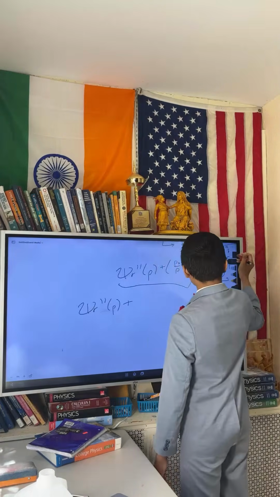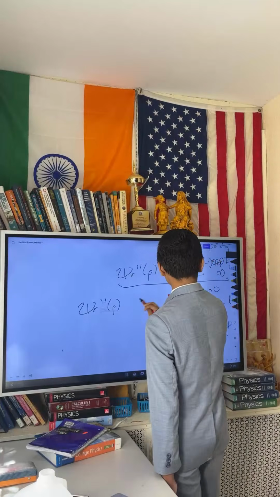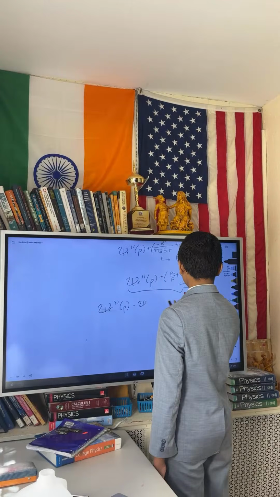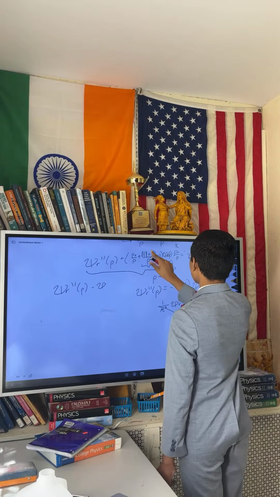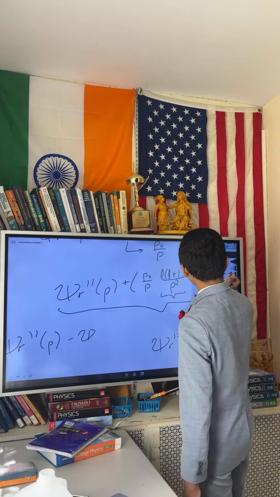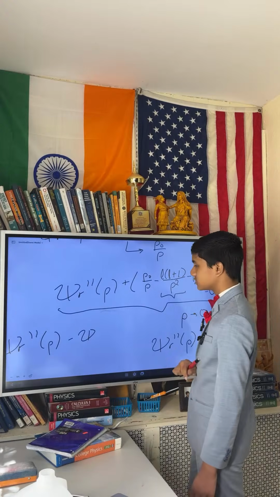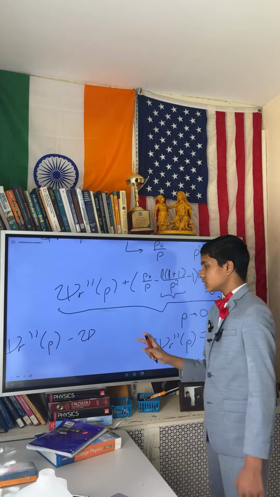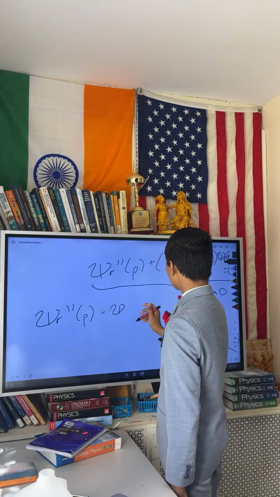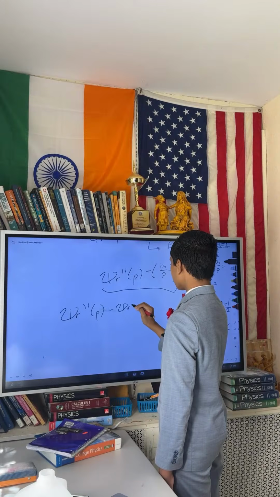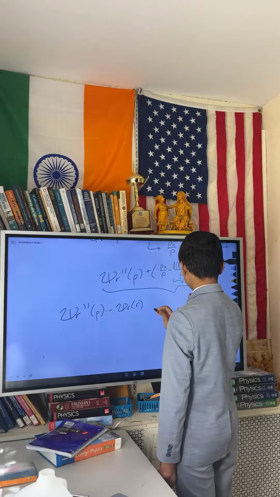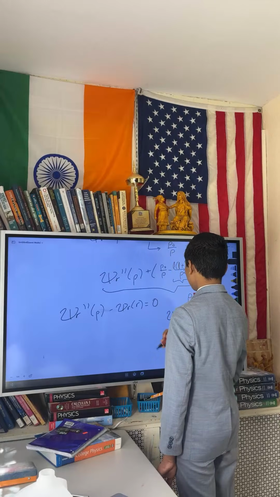So you get minus, and also, I realized that I made a sign error here. I feel like that's going to bite me in the back if I keep it around, so I'm going to quickly change that just to make sure I don't make it again. So psi r double prime of rho minus psi r of r, yes, we're still dealing with this, has to be equal to 0.